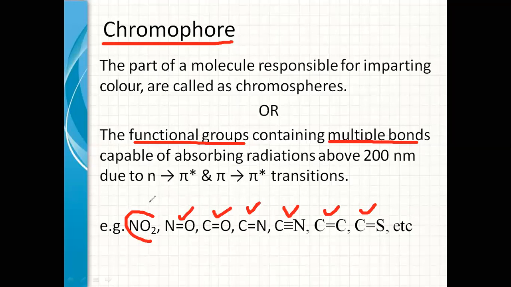The electrons from the non-bonding orbital get excited to pi star orbitals, or from pi orbital to pi star orbitals. These molecules are capable of absorbing this UV radiation above 200 nanometers, so they are known as chromophores.